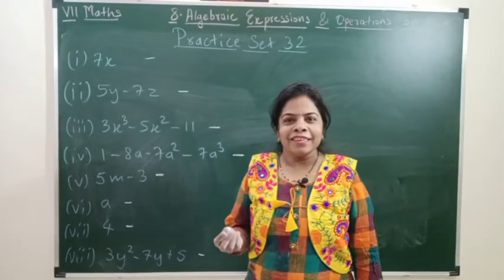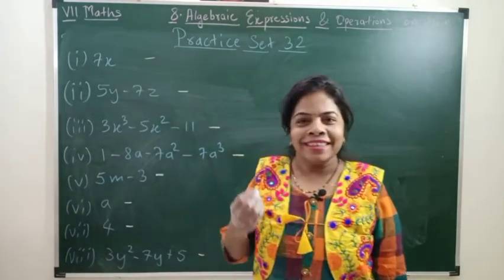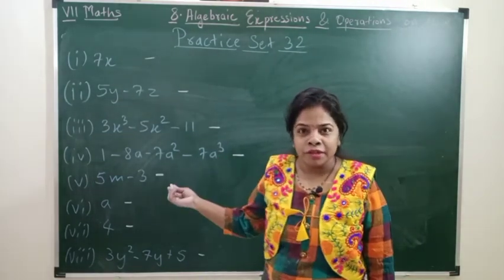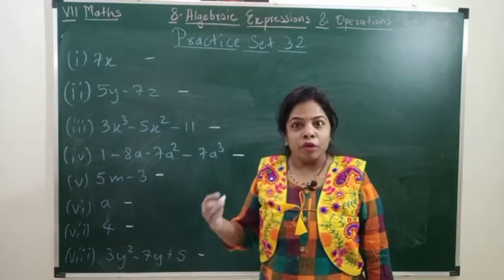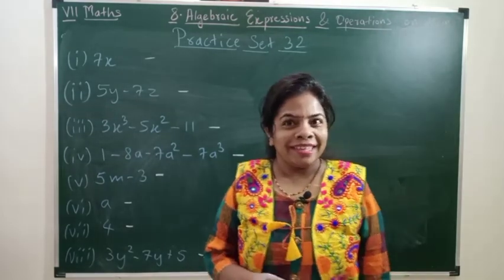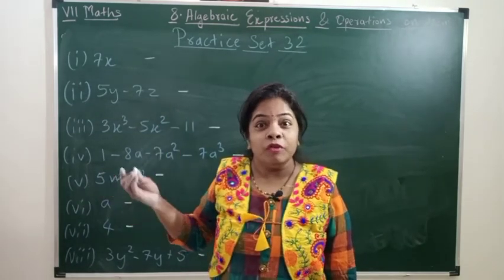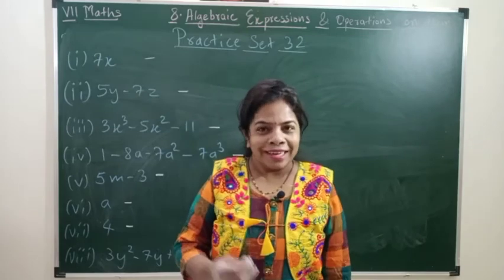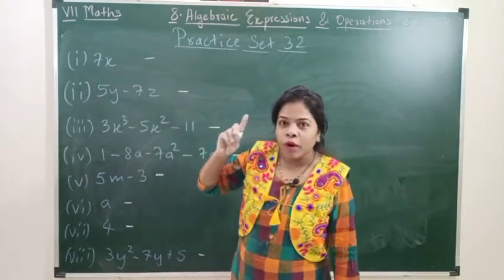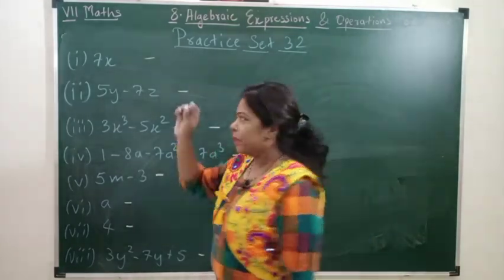Children, let us move on to the practice set of this lesson now. Practice set 32. You have to classify these algebraic expressions as monomials, binomials, trinomials or polynomials. We have already seen how to classify the algebraic expressions into different types. So let us start. First one, 7x children. 7x is just one term, so it is a monomial.